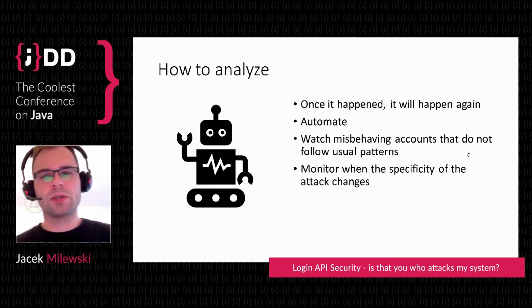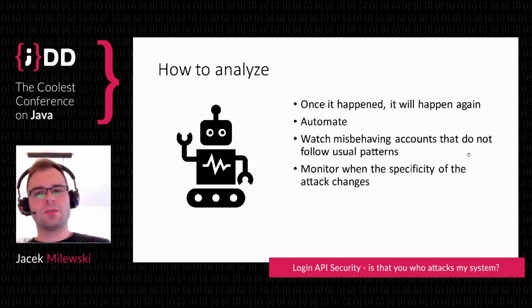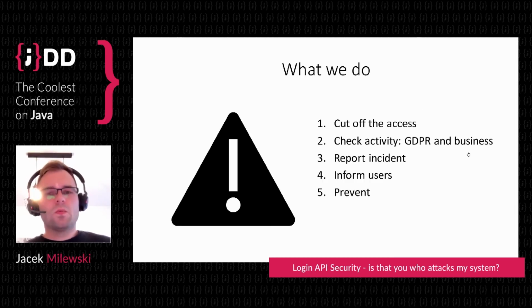How many accounts were broken? If there were any, we also see that these accounts are misbehaving, they do not follow the usual patterns, and we also improve the tool. We need to check whether the specificity of the attack changes.